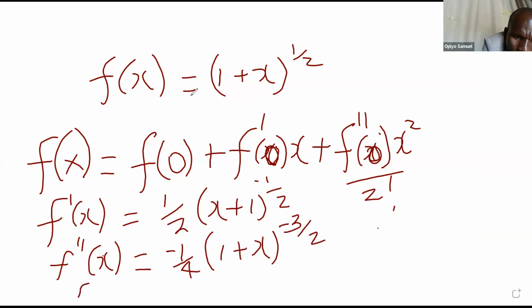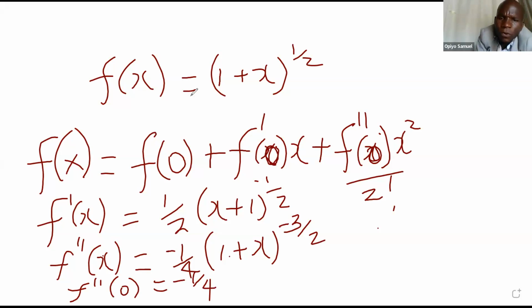Then we also find the second derivative of the function at 0, which is going to be negative 1 out of 4. If we put 0 here, we shall have 1 to the power negative 3 out of 2, but this is still 1. So we have those terms. We now put them in the formula.